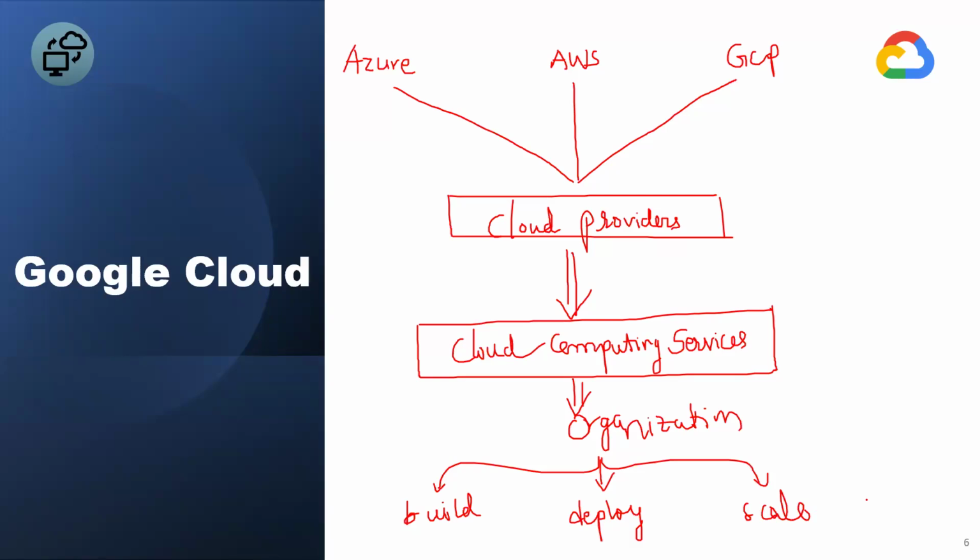Any cloud provider you take, whether it is Azure or GCP or AWS. One of such cloud platforms we are looking at is GCP. GCP is one of the leading cloud providers, which provides the cloud computing services for organizations to build their application, deploy their application and scale their applications and services in the cloud platform. This is the definition of Google Cloud.